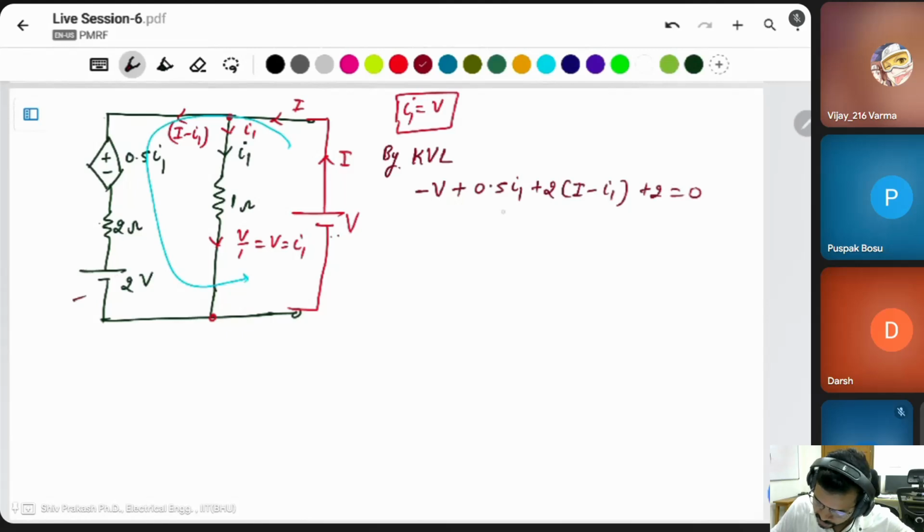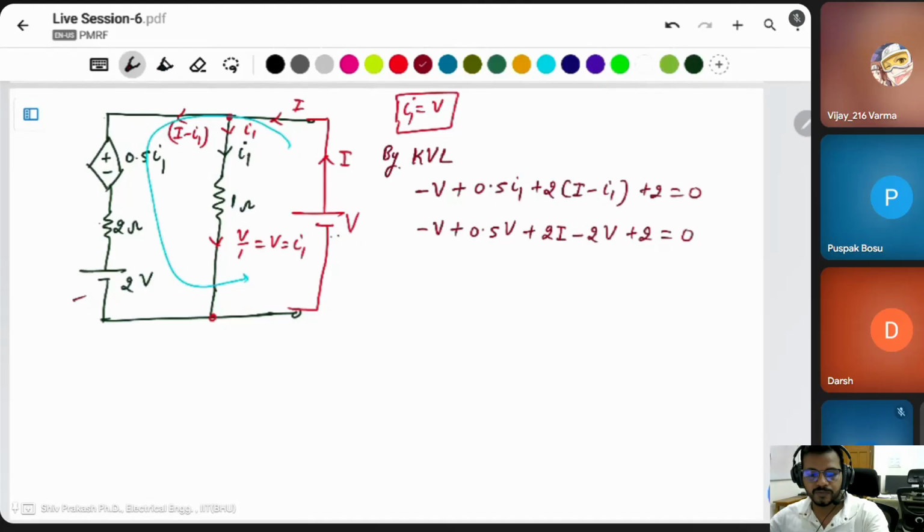R equivalent, these two is 6 parallel with 12. 6 into 12 divided by 18 is equal to 4. Okay.